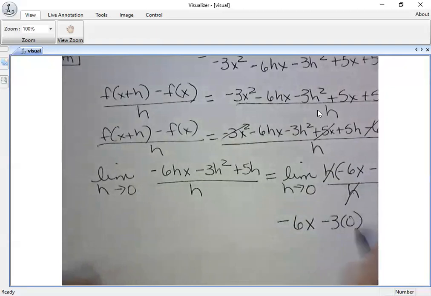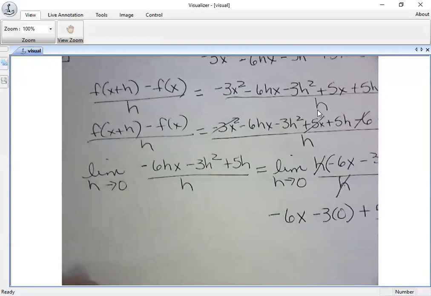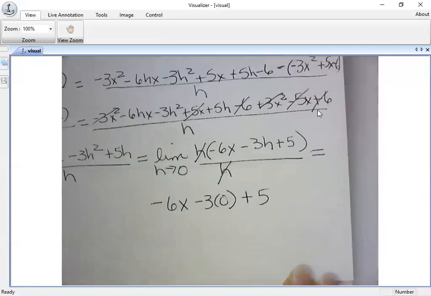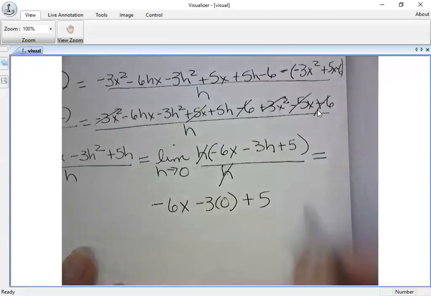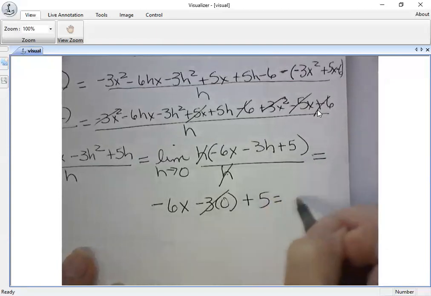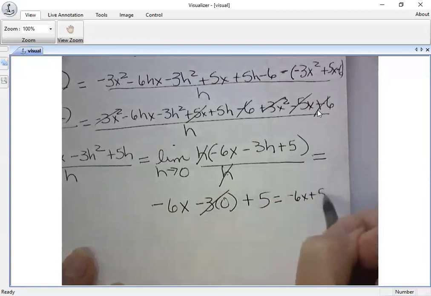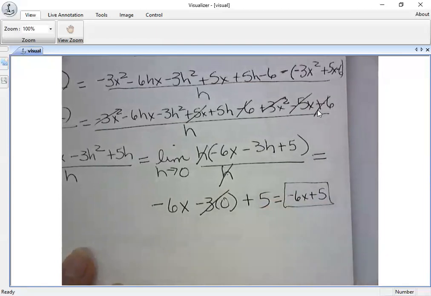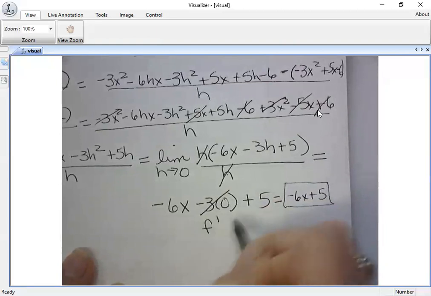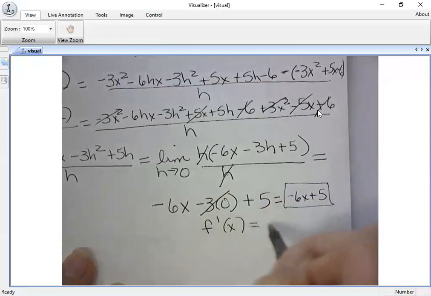It's going to become a 0, and then that's just plus 5, so it's just going to stay plus 5. Did I write something down wrong? Oh, sorry. Let's fix that. Okay. And that means if that cleans up, we just have negative 6x plus 5. That is going to be what f prime of x equals.